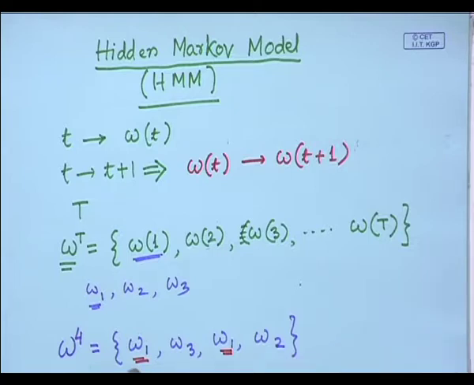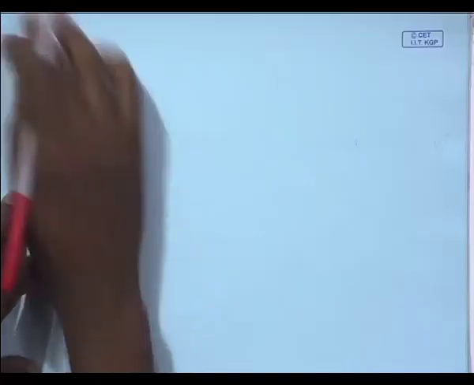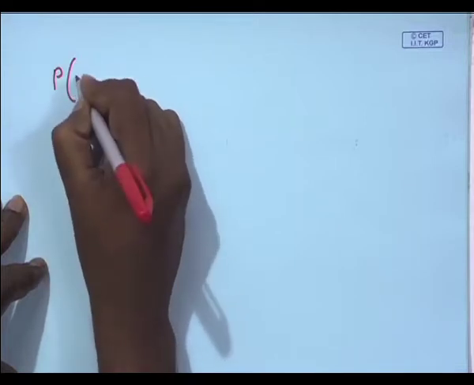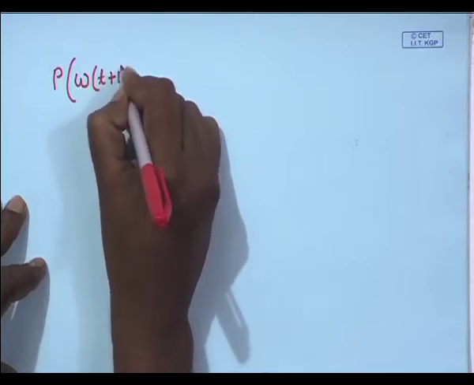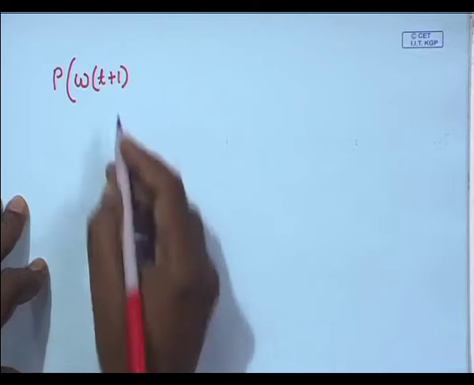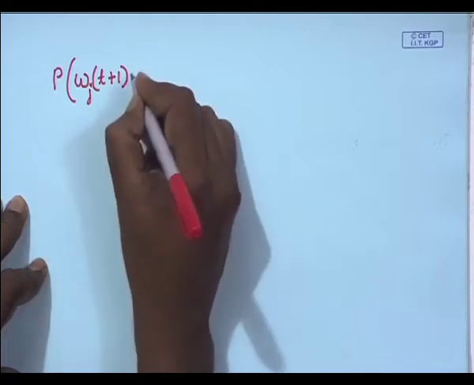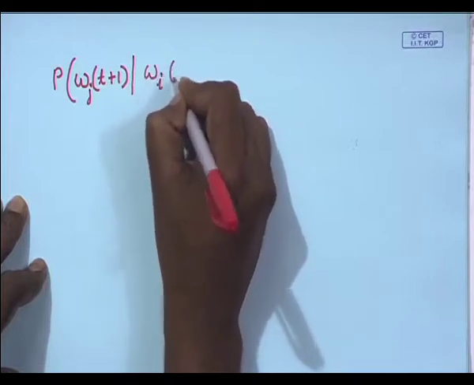Now, this production of state sequence in case of a hidden Markov model is described by a transition probability. So, the transition probability is something like this. The probability P that the machine makes a transition to state omega j at time step t plus 1, given the machine was in state omega i at time step t.